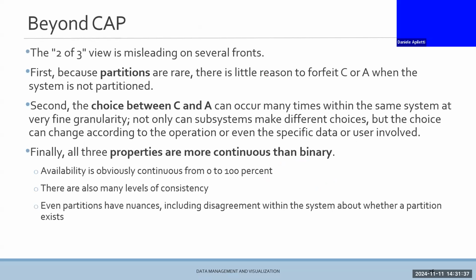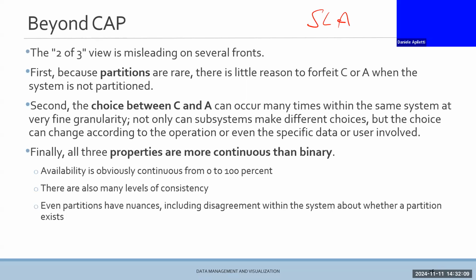Beyond CAP, because CAP is not the end of the story. First, availability. Is there any system which is 100% available? Not really. Even if you look at the SLA, Service Level Agreement, the agreement on the level of service you get from a digital provider.